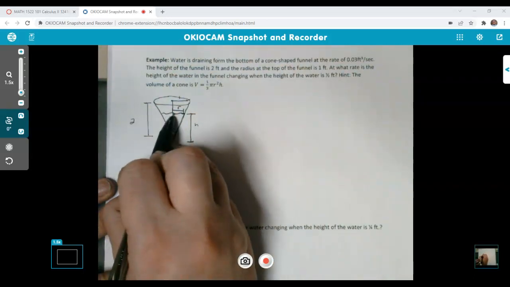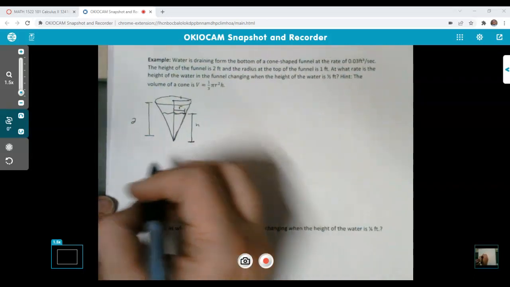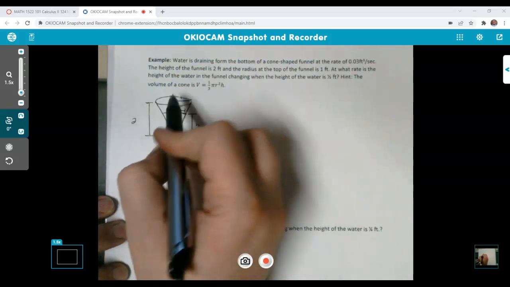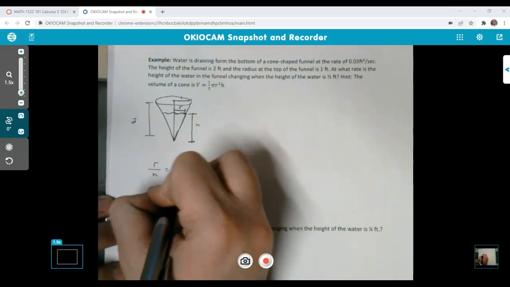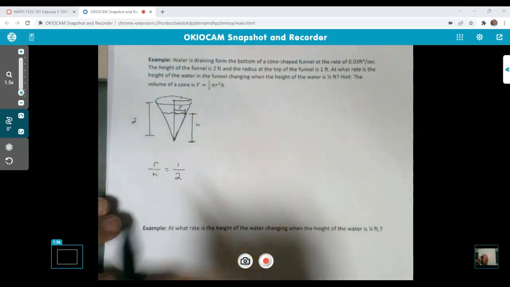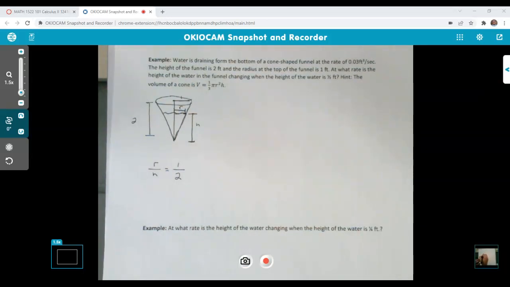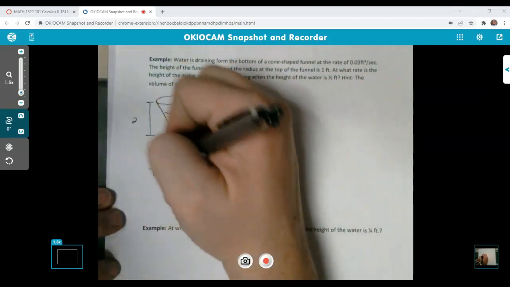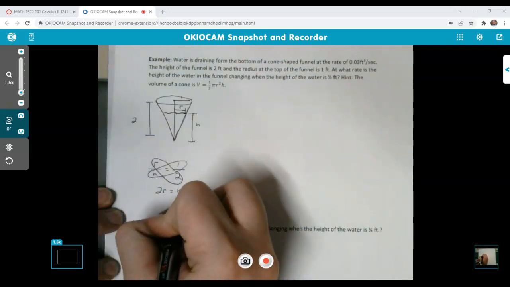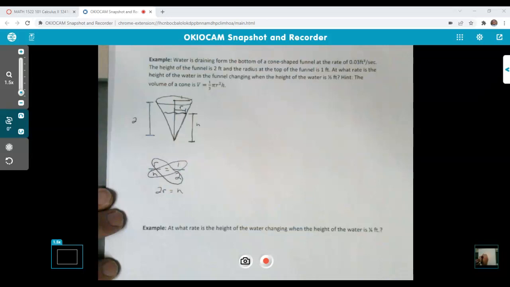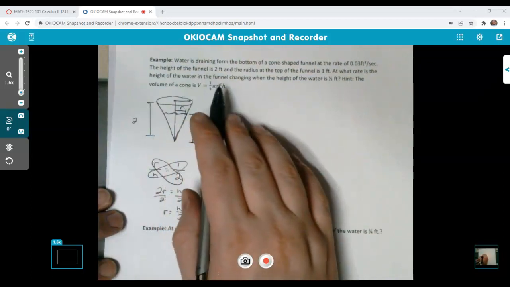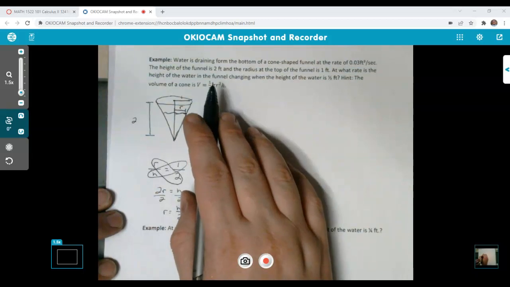So I know radius relates to the height the same way r for the whole thing was 1 and height for the whole thing was 2. So how those two relate should be the same thing. So I should be able to cross multiply these and get to the same thing. So r times 2 is 2r, h times 1 is h. So solving this for r, we can just divide by 2, and we see r is equal to h over 2. So when I'm writing this guy right here, instead of r, I can replace that with h over 2.